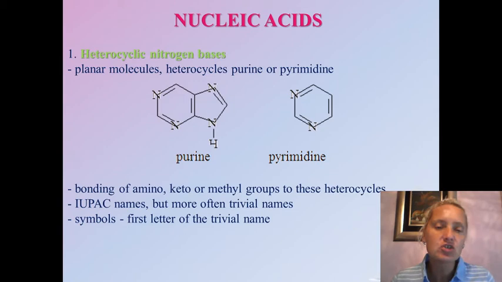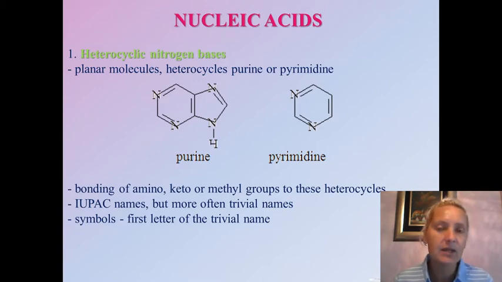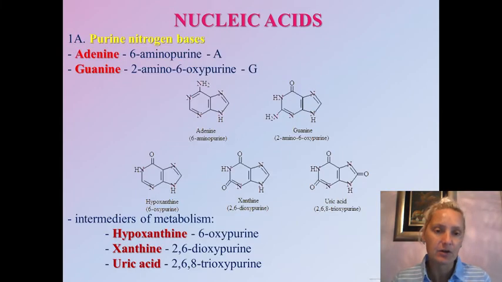Each of the nitrogen bases has its IUPAC official chemical name, but more often trivial or common names are used in everyday practice. They are also marked with symbols, abbreviations, which are the first letter of the trivial common name, a capital letter.